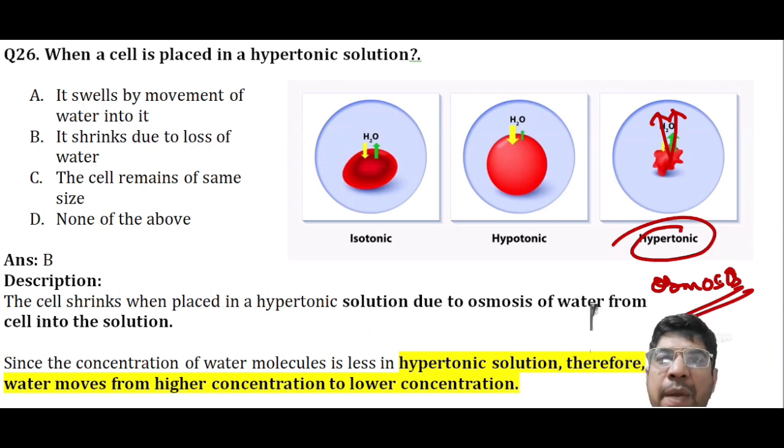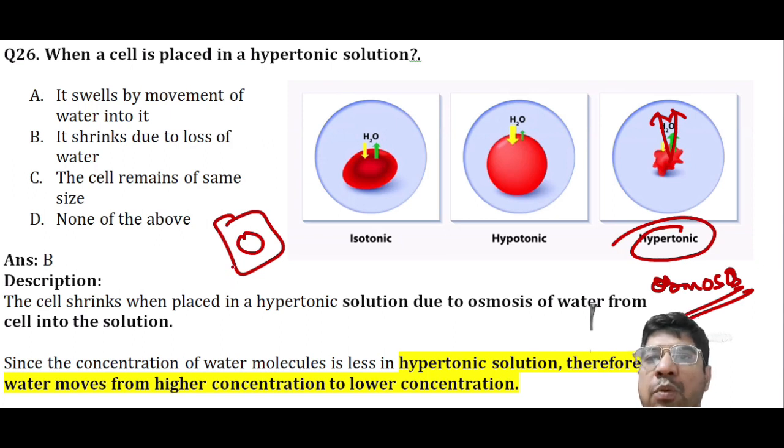So imagine a balloon inside a sugar jar. Suppose there is a sugar jar and you have a balloon. Think of the cell as a tiny balloon floating in a jar of sugar water.